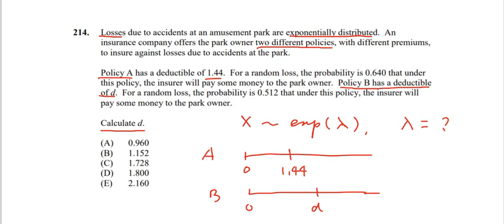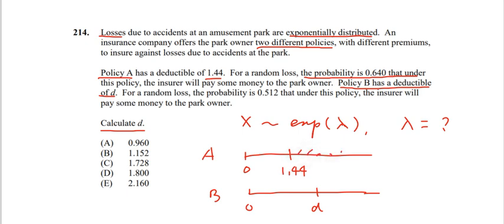The relationship is the probability that under this policy the insurance will pay some money. So this means the policy pays. So here, what is the probability for pay? Pay means loss larger than this, right?